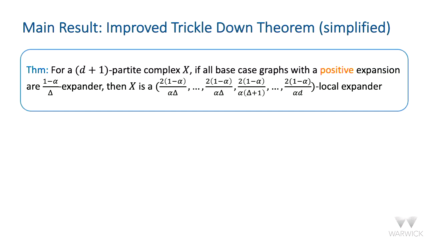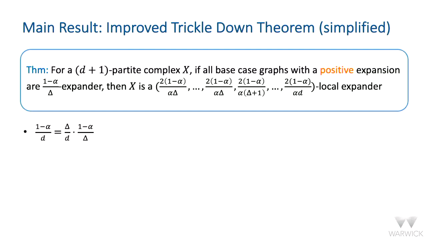So delta is like the max degree of the parts. And in principle, this delta could be much smaller than the dimension d of the complex. Then I will get a local expander, and eigenvalues go down. So I don't need 1 minus alpha by the dimension of the complex. I just need 1 minus alpha by the max degree of the parts.